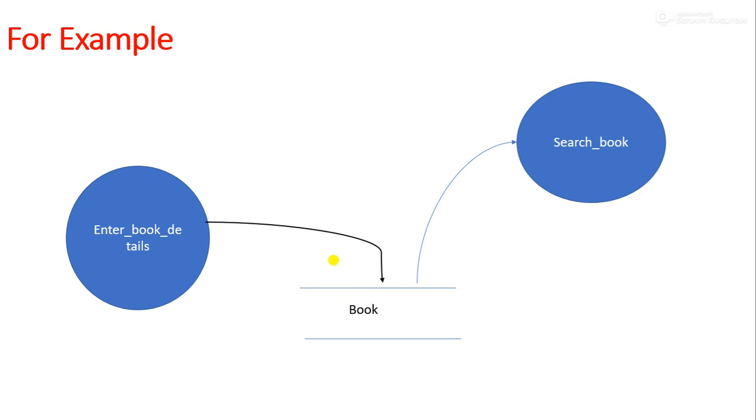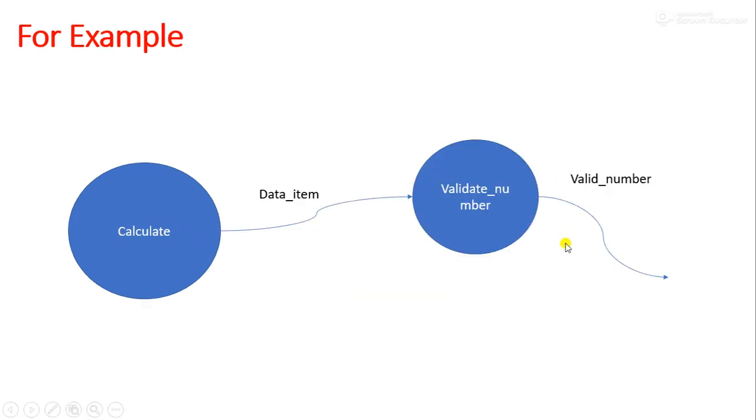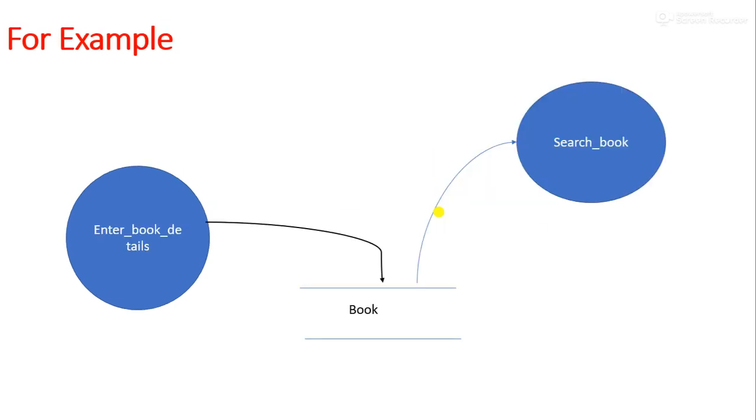So another type of process is synchronous process, where the output of one function is treated as the input of another function, so that the speed of two processes must be same. So this type of process is known as synchronous process. So we have two types of process: an asynchronous process where we use the data store to store the data, and those stored data is used by another process.